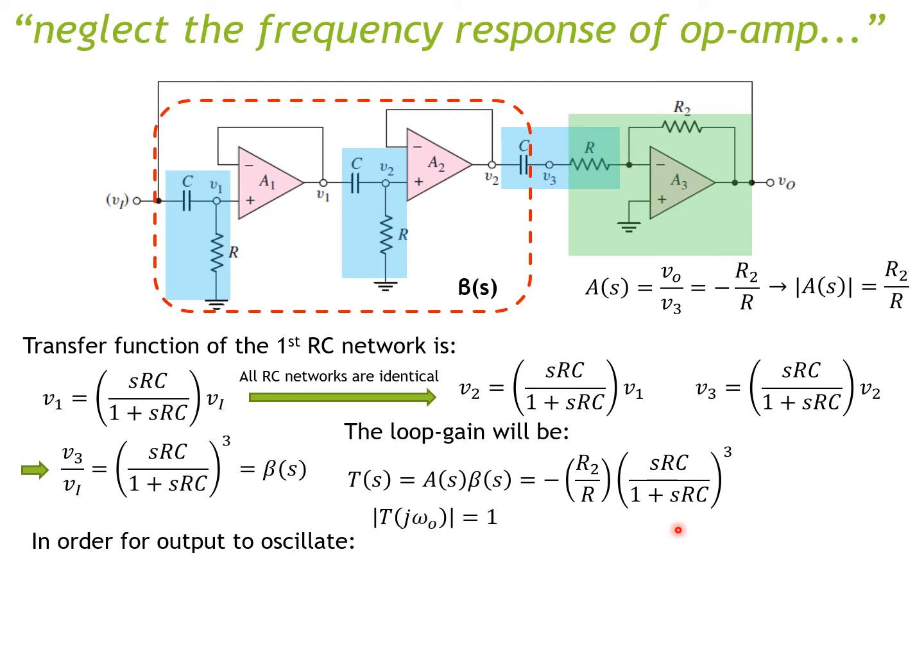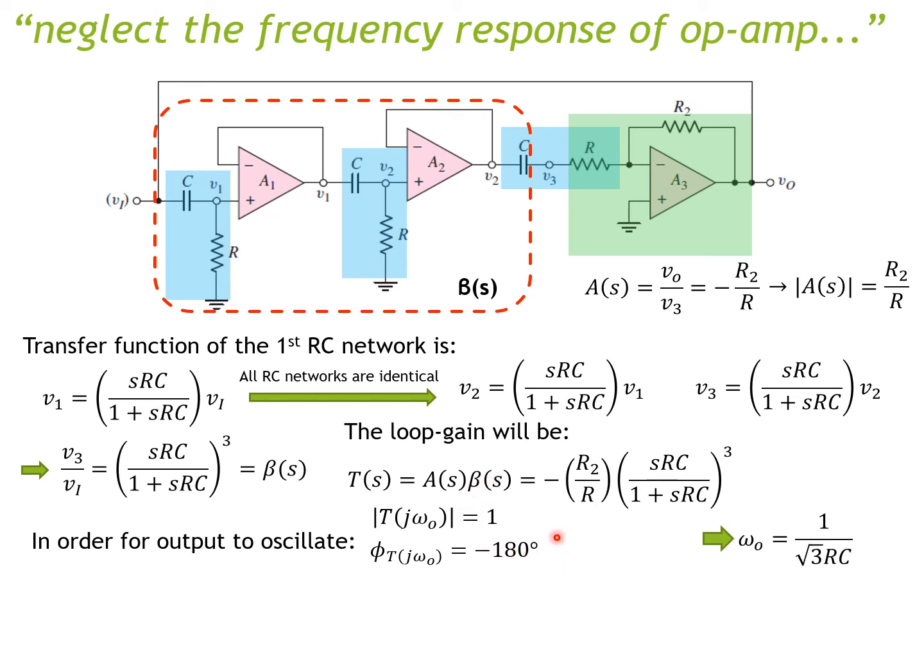So in order for the output to oscillate, we need two conditions. The first thing is the magnitude of the loop gain has to be 1, and secondly, the phase of this loop gain has to be negative 180 degrees.